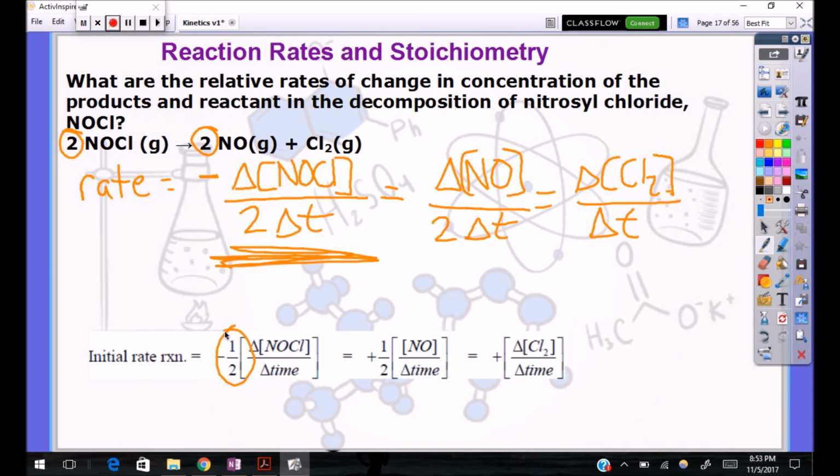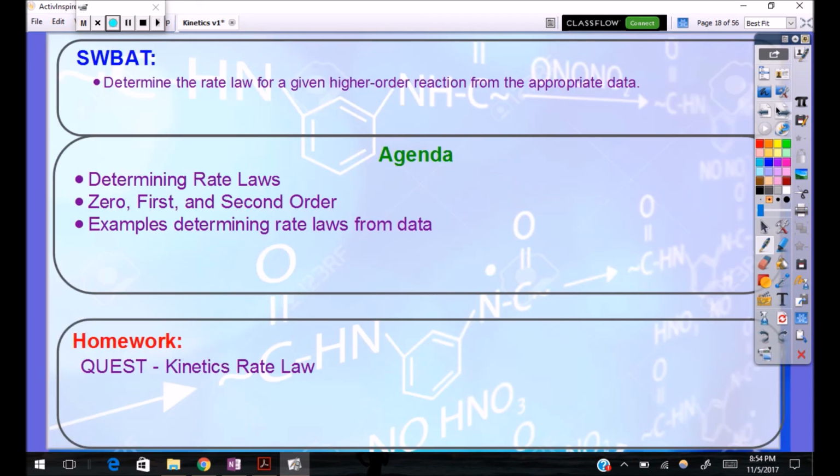It means the same thing. On that first quest, you'll have to look at these relative rates. Just know that the coefficient is what goes on the bottom with respect to time. Okay? And I think that's it for this first one.